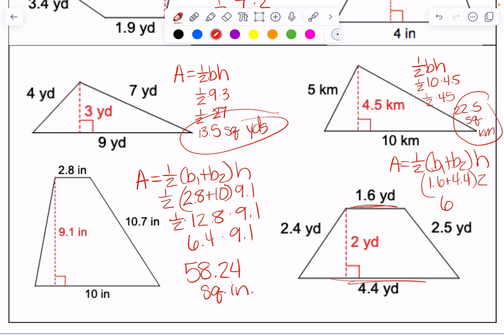So 1.6 plus 4.4 is going to be 6. So I have 1/2 times 6 times 2. Again, you can multiply in any order, so I could multiply 6 times 2 first to get 12, take half of that to get 6. I could take half of 6, which is 3, times 2 would give me 6, or half of 2 is 1, and then multiply times 6. Either way here, I'm going to get 6 square yards.